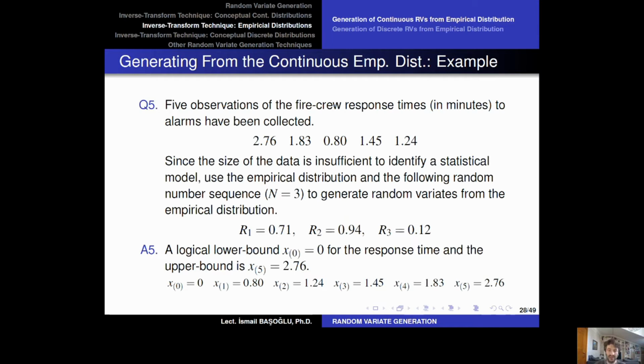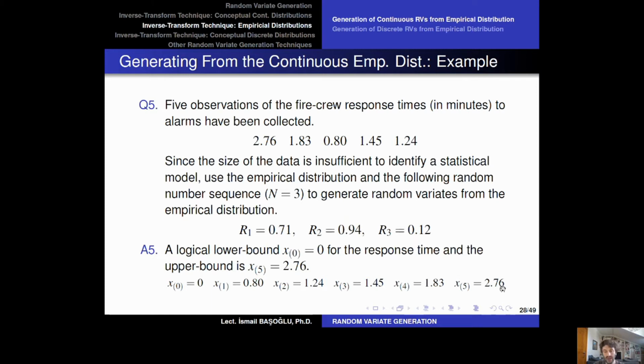But in this question, the logical upper bound is used as 2.76, which is the maximum of the observations. So we have a total of 6 data here, and this is the non-decreasing order statistics of these observations, starting from 0, with 0.8 the smallest observation and 2.76 the largest. From smallest to largest, we sorted these 6 observations, including the logical lower bound.